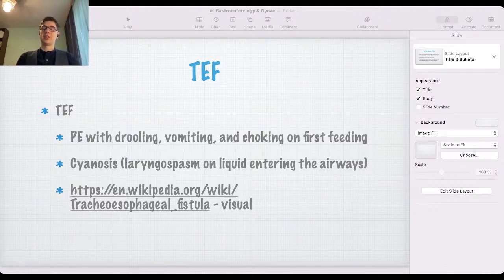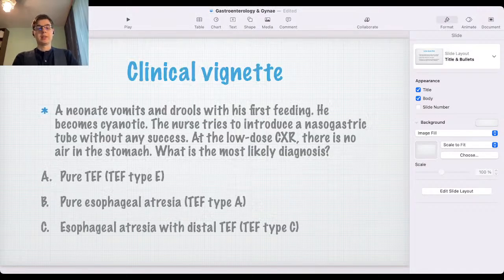Yes, Talha, indeed, there are 5 types, but usually just the C type, the E type, and the A type are tested inside the NBMEs, because D and B types are very rare. The most common one indeed is TEF type C, esophageal atresia with distal tracheoesophageal fistula. Right.